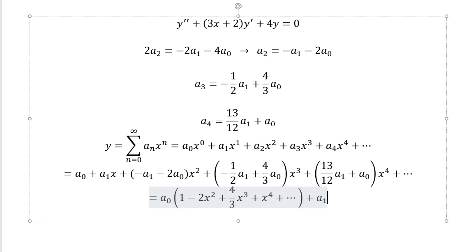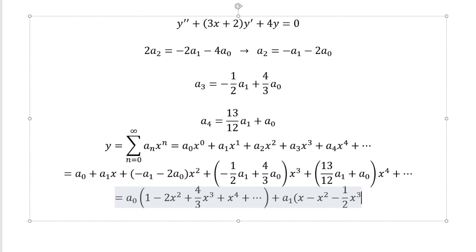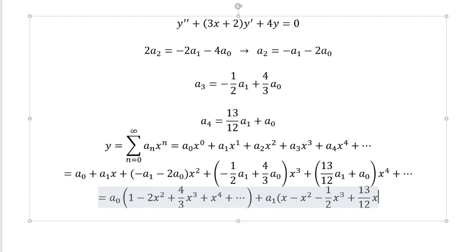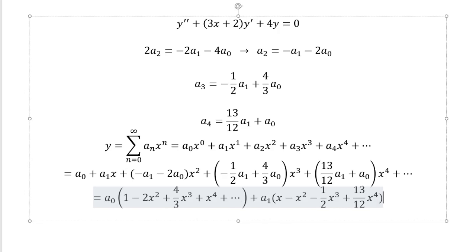Okay, and then for a1, a1 is not in the constant term, but it's a1 times x. So if I factor an a1 out, then you get x. Here you get negative x squared. And then minus 1/2 x cubed. And this one is 13/12 a1 x to the 4th, so it's plus 13/12 x to the 4th, and then parenthesis.